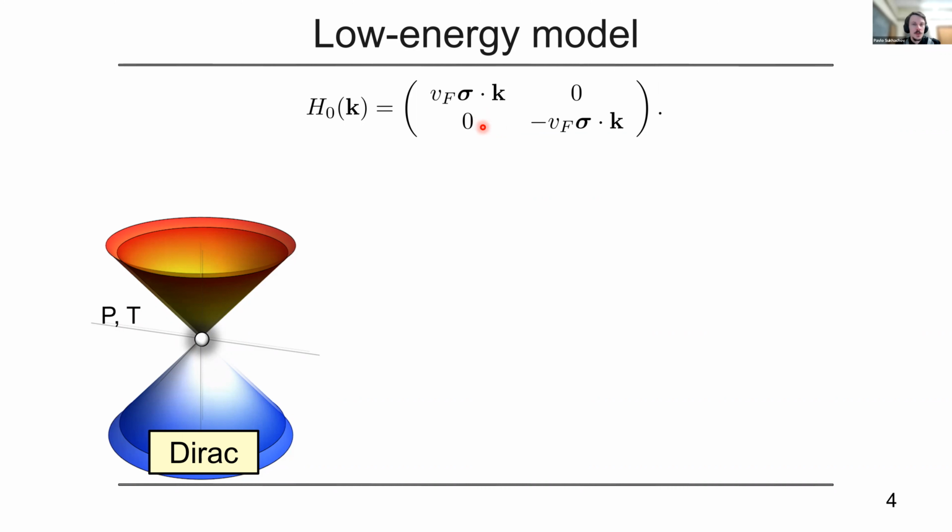It's possible to arrange the corresponding low energy spectrum in the same form as it appears for Dirac fermions in high energy physics. However, here we don't have mass on the off-diagonal, and we have replaced the speed of light with the Fermi velocity.